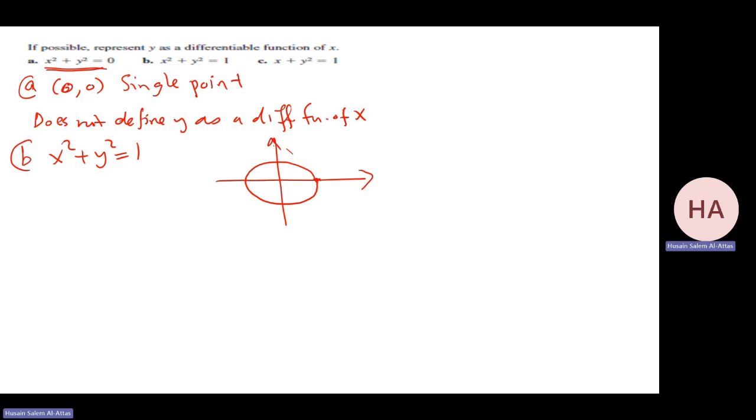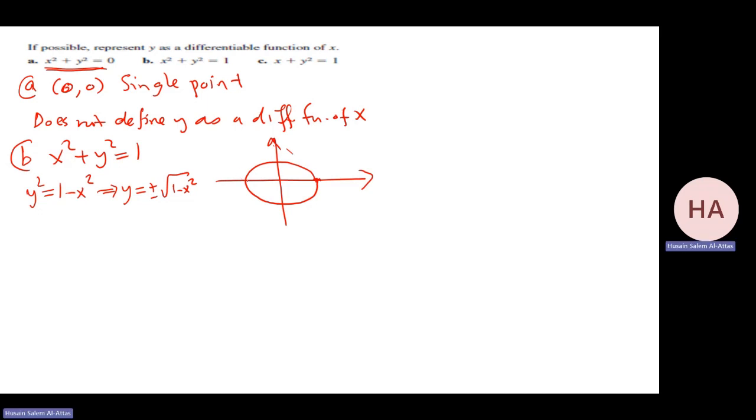Now, what will happen when you find the derivative? I need to take it over some interval. Let me do the calculation and then I will explain it. I have y squared equal 1 minus x squared. So I have y equal plus or minus square root 1 minus x squared.